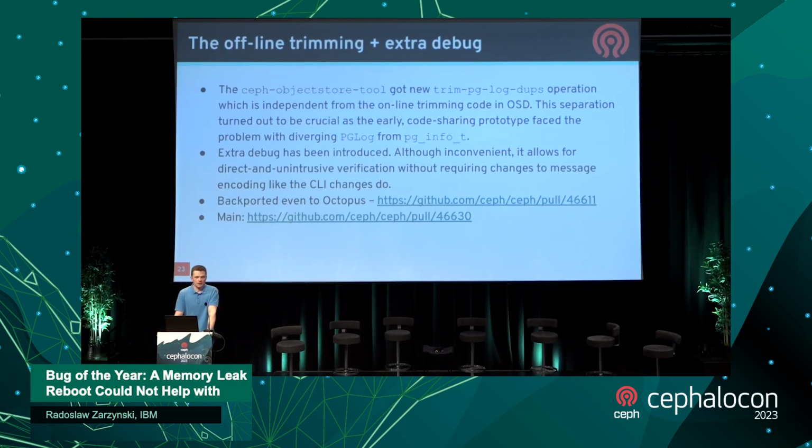It was backported basically to every interesting release, and it had to be as simple as possible, while adding even a single extra column to the results of the PG query operation would impose changing our encoding formats.